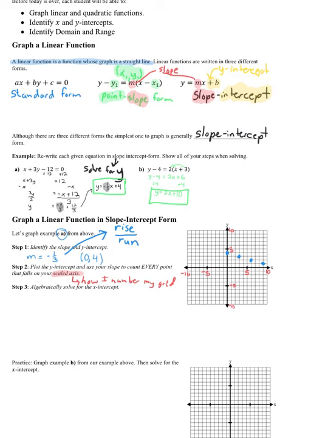Up 1, left 3. And we'll see that they all fall on the same line as well. Up 1 over 3. And then I'd be off the paper. So I have all of my points plotted that would cover my grid. And now I can sketch a line straight through all those points.